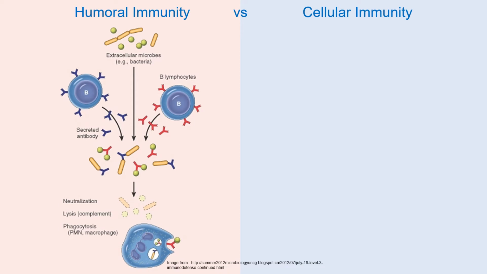So here's a comparison of the humoral immune response and the cell-mediated immune response. So there's the humoral response. Remember, it involves these extracellular microbes, and it leads to the secretion of antibodies and usually leads to phagocytosis.